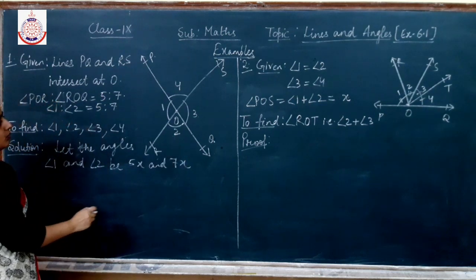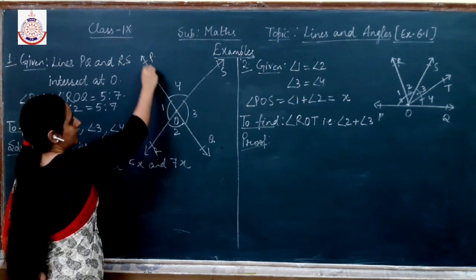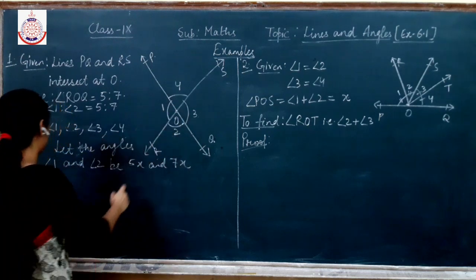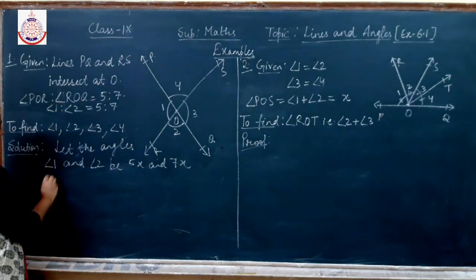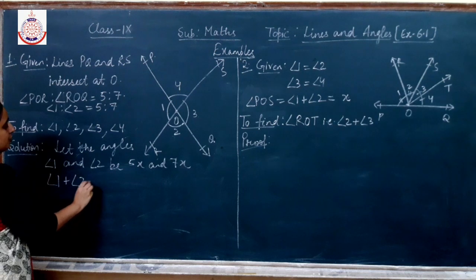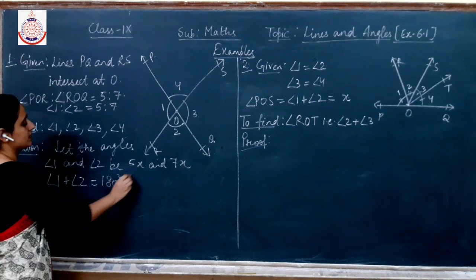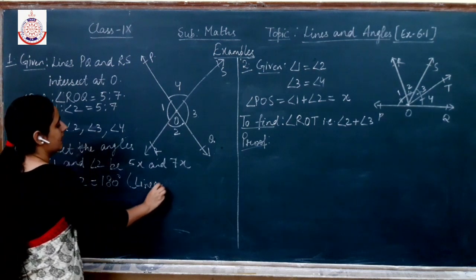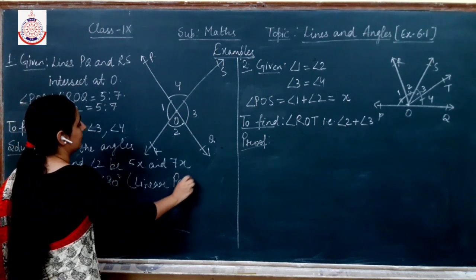Fine. Now you can see angle 1 and 2 are lying on a straight line. So angle 1 plus angle 2 will be equal to 180 degrees. Reason is linear pair.